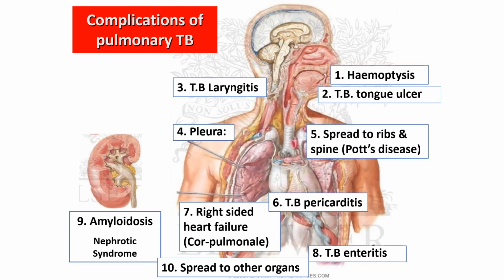Amyloidosis is deposition of amyloid material mainly affecting the kidneys, forming nephrotic syndrome. We'll discuss it in detail in the renal system. Spread to other organs like miliary TB of the organs, in the brain, in the liver, in the spleen, and so on.